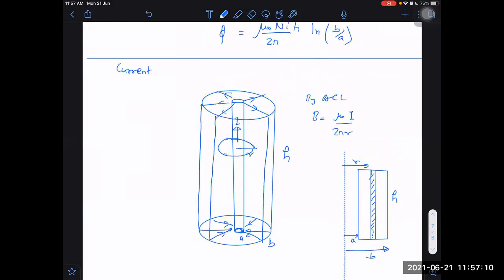Current flows up in the inner hollow cylinder, and then spreads radially outwards.